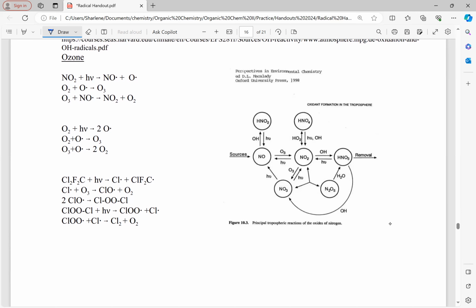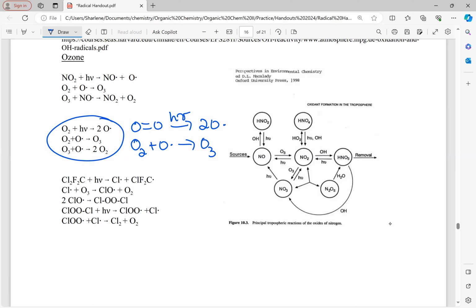Well, what about ozone? Ozone is our protecting group. How do you make ozone? You take diatomic oxygen, put in some high energy, and you get two oxygen radicals. If you react O2 with an oxygen radical, you get ozone. Again, highly reactive in the upper atmosphere, and we rely on that ozone for a lot of protection.